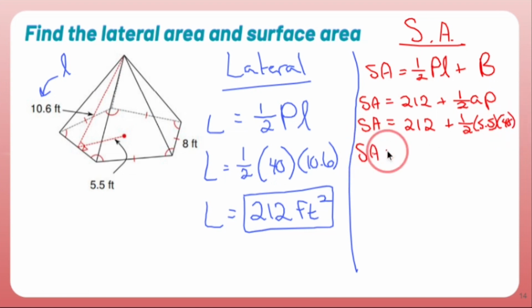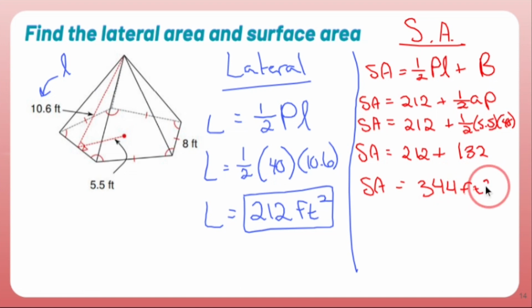Okay, a little bit more math. 212 plus 1/2 times 5.5 times 48, which is 132. And you add these guys together, and that's a 3, and that's a 4, and that's a 4. And this is feet squared. Yeah! Pyramids, Egyptians.